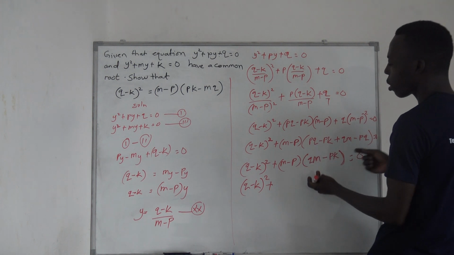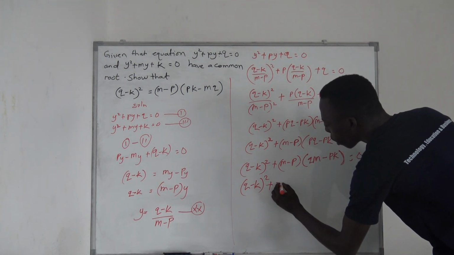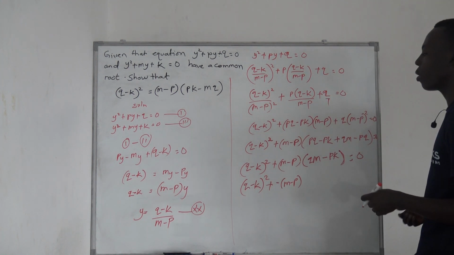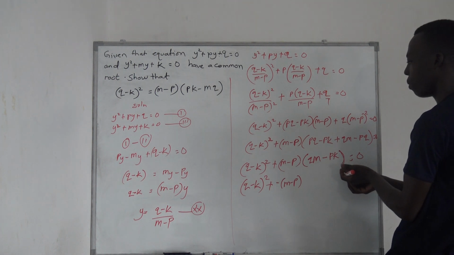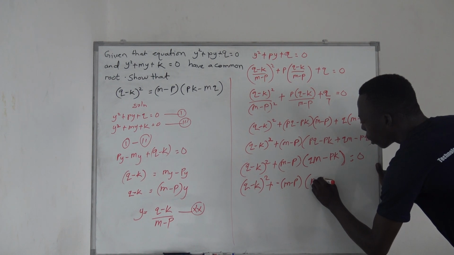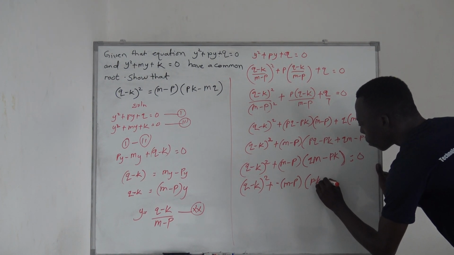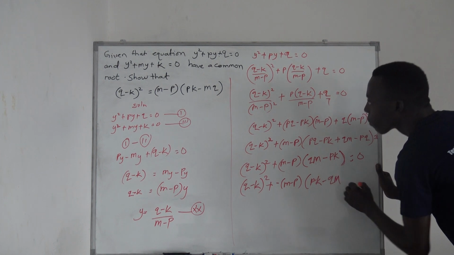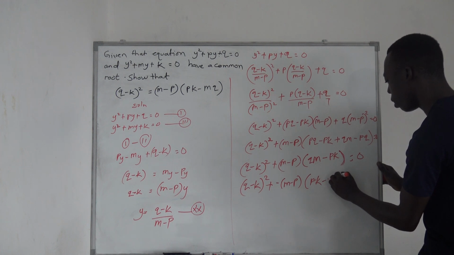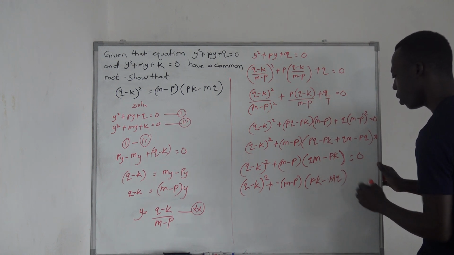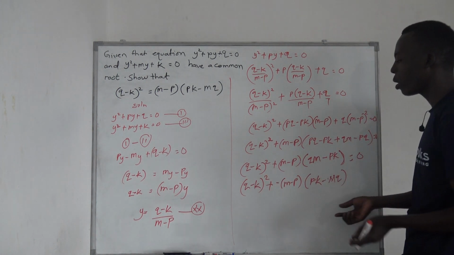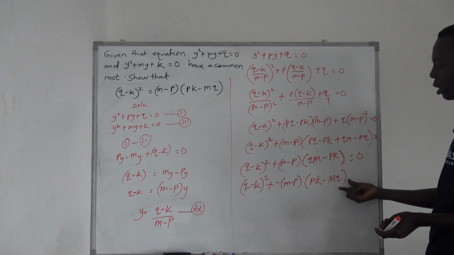So this one will be negative into m minus p. So that means I'm factorizing out the negative from this one, to be m minus p into pk minus qm, or we can call it mq to fit with the other scenario, which is mq. So when I factorize this with a negative, I have this, so that when I multiply it back, I have something like this.